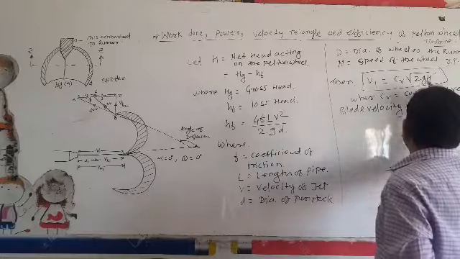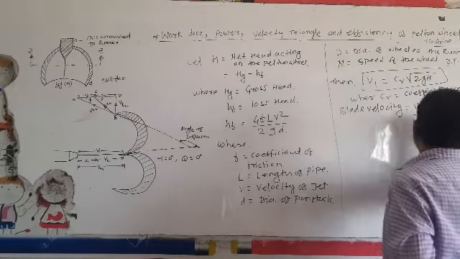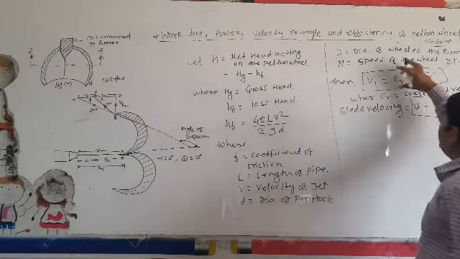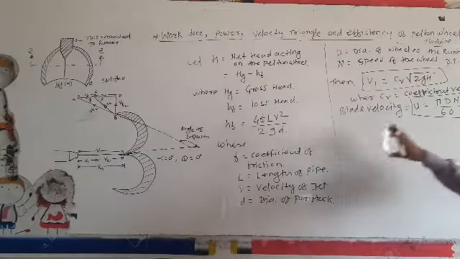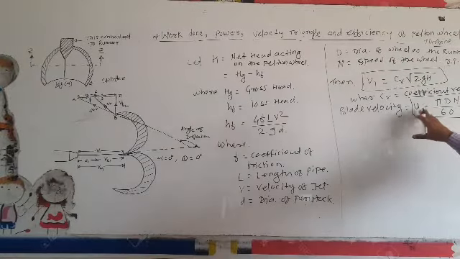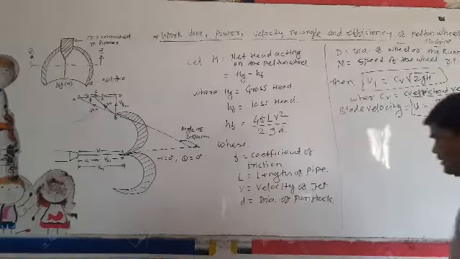From these two formulas we can calculate the velocity of the impact jet, that is V1 at initial, and the blade or bucket velocity U is equal to pi D N upon 60.